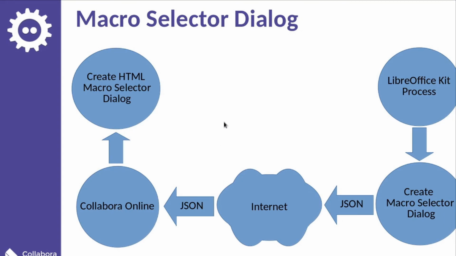Again, if we make the abstraction, we have the server side of the LibreOffice process. Once the macro selector dialog is created, instead of showing the dialog, it is just dumped as a property tree in JSON data and sent to the client side. Once the web application like Collabora Online receives it, it uses the data to create an HTML macro selector dialog.